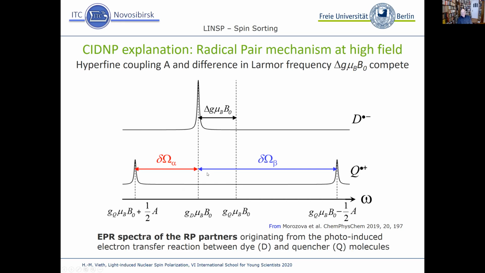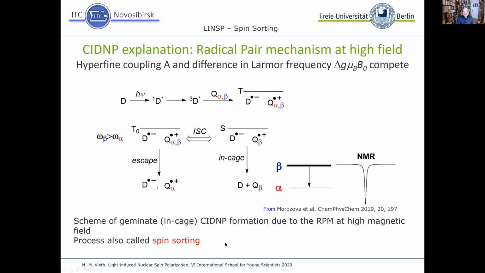And from the size of the blue versus the red arrow, you see that the blue one, molecules with a negative, move faster, precess faster than the red ones, and you gain more molecules of the negative spin orientation in the reaction products. You see negative lines.